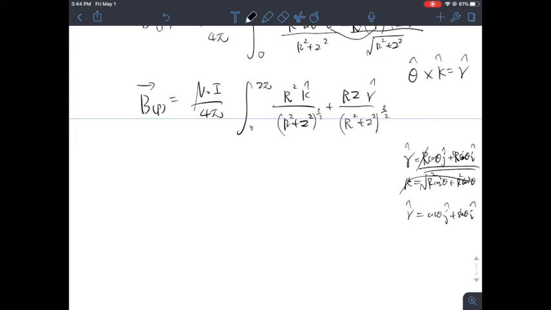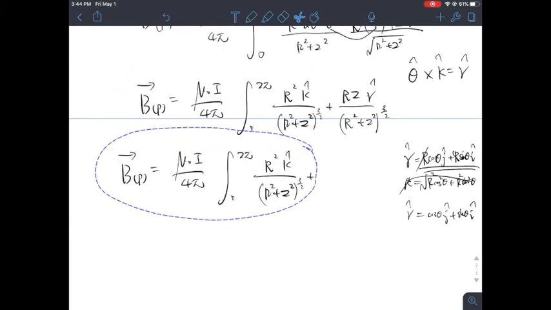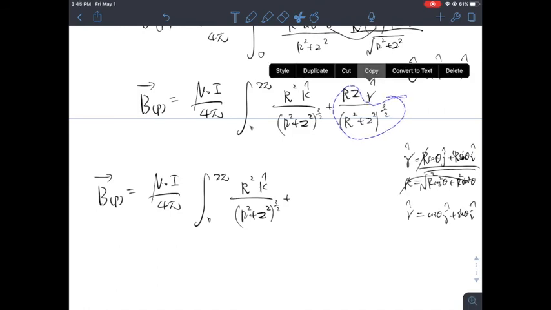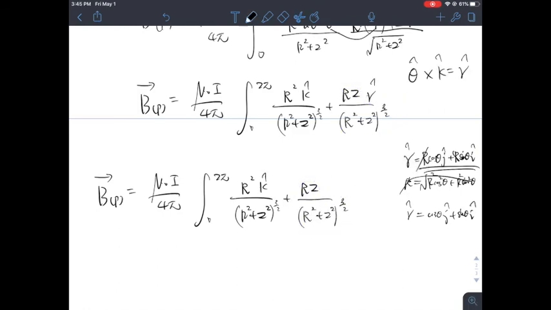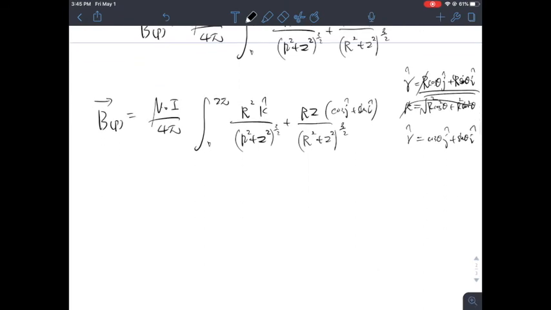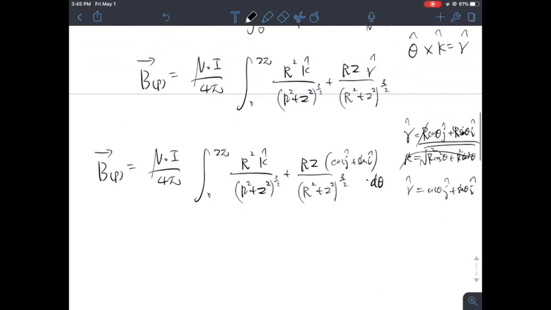And r will cancel out, we get our expression for r hat. Then we just plug them back into our equation. We have this formula plus this formula times cosine theta times j hat plus sine theta times i hat. Then we need to integrate them all over d theta.